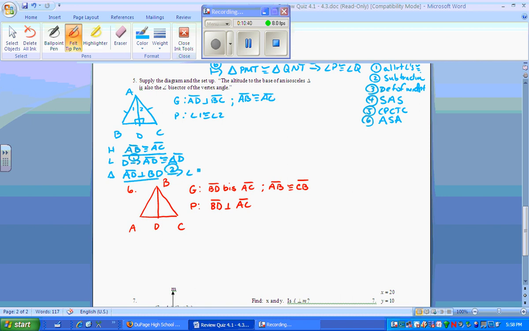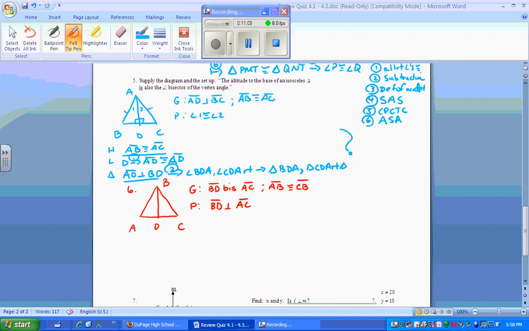Reason 2 gives us angle BDA and angle CDA right, which then gives us triangles BDA and CDA right.